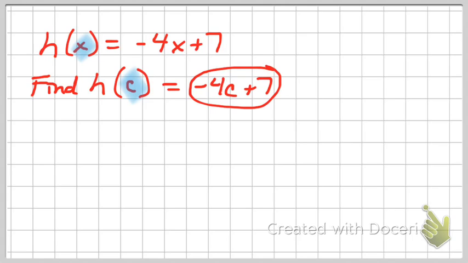That's the concept, is you're replacing the x with whatever you're being directed to replace it with. And you can't do anything with that because you don't know what c is, number-wise. So, like I said, whatever you're being asked to put in, you put in. Number, letter, wingding, whatever.